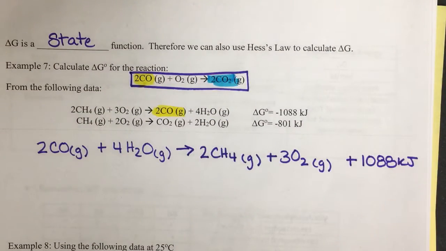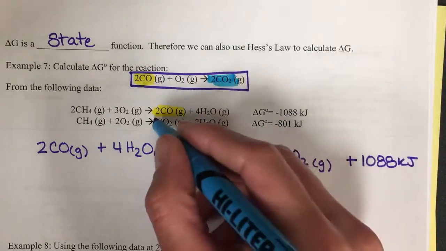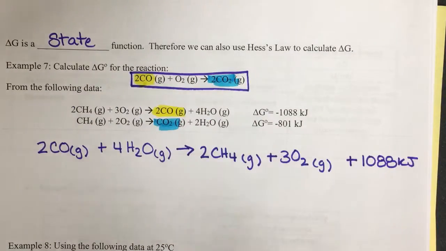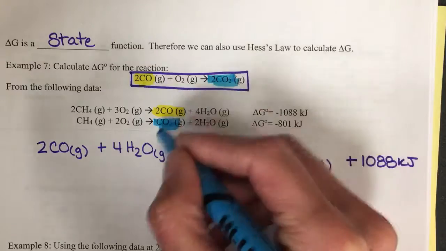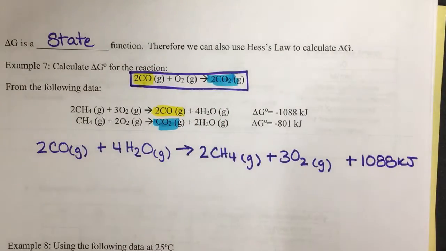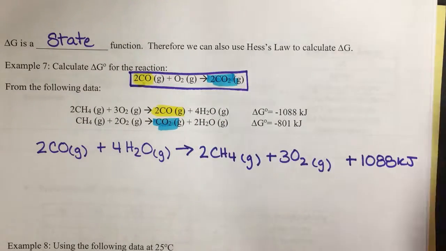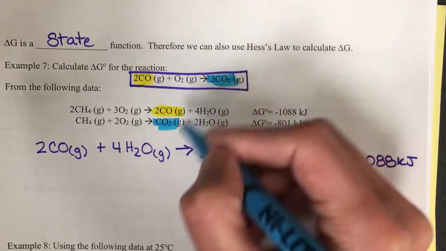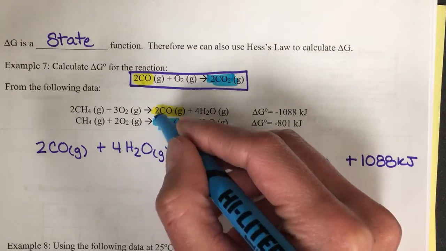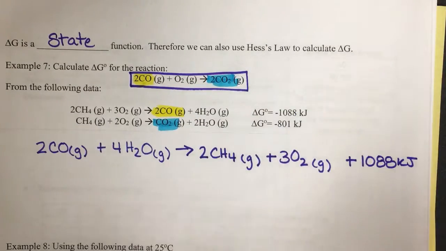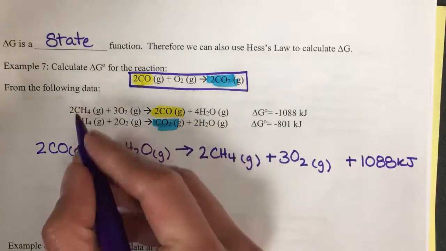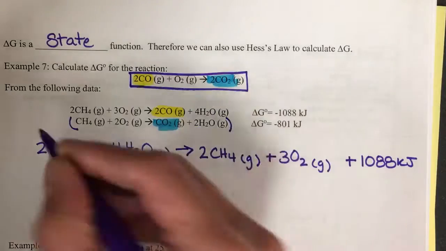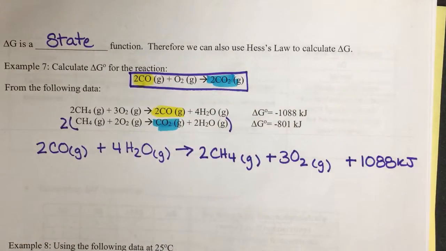So now I need to find CO2. Well, here I've got CO2. This time it's a product, and this is a product, so that's great. I don't need to flip it. However, I need 2 CO2s, and here I've only got 1 CO2. So what I'm going to have to do is multiply this entire equation by 2.